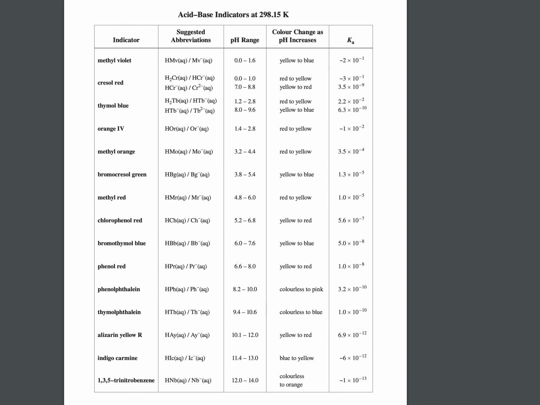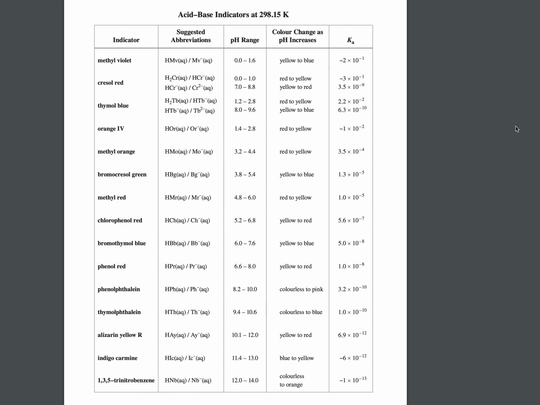Same thing with thymol blue. It starts as red, changes to yellow, and then at an even higher pH will change to blue. This is okay. There are some indicators that change colors twice. You just need to use the information carefully with those. Make sure you're paying attention to both versions of thymol blue in order to nail down what the possible pH range is.